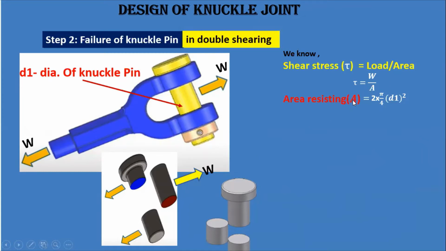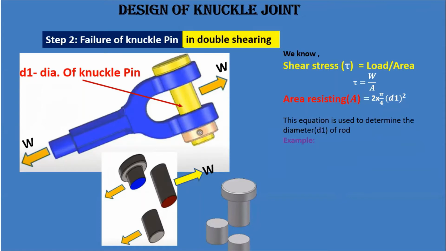It means it is a double shear. So 2 into pi by 4 d1 square. As the rod is circular, naturally the area will be pi by 4 d1 square. D1 means, as I had taken, D1 as the diameter of the pin. Now, in this case, we can calculate D1, that is the diameter of the knuckle pin.